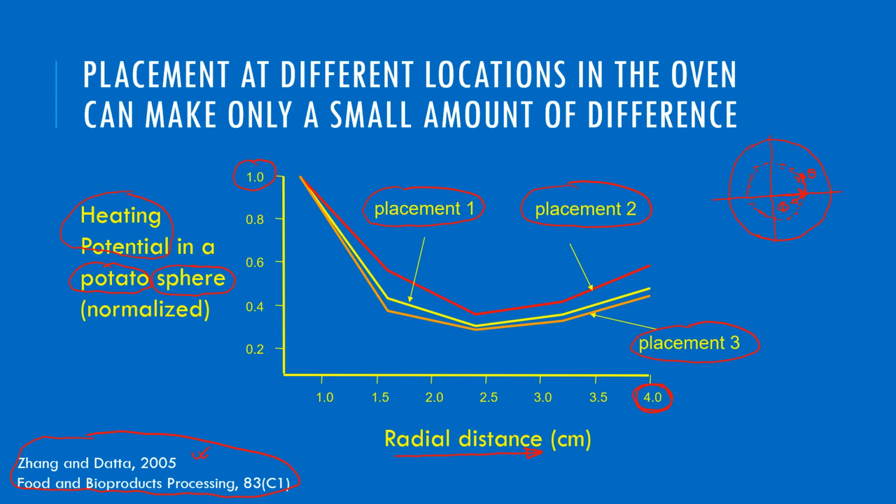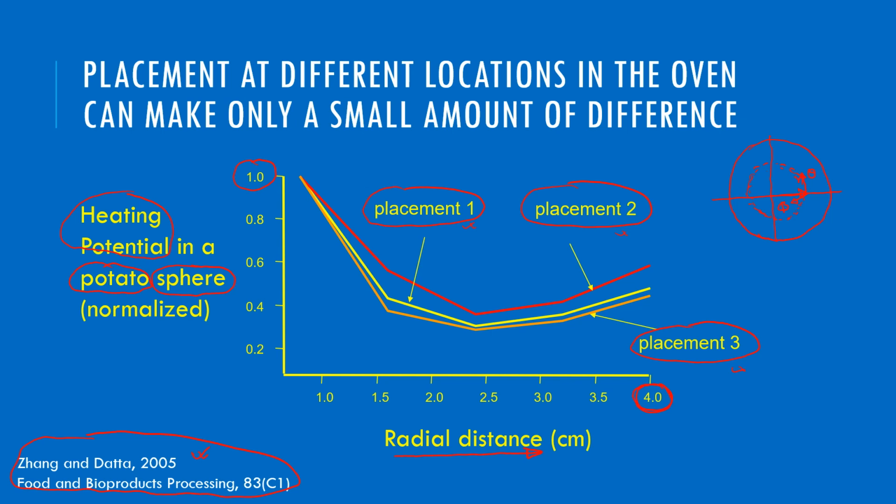So this normalized heating potential changes only slightly as you move from one location to the other. Note that this normalized heating potential is an average over all locations at the same radius.